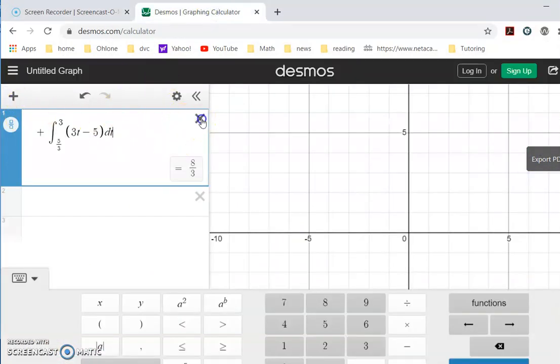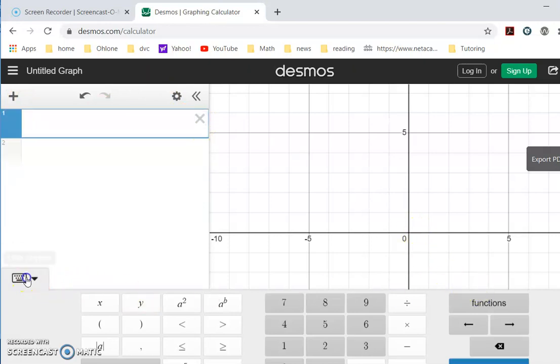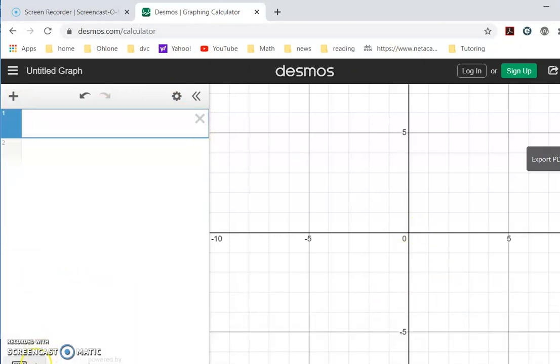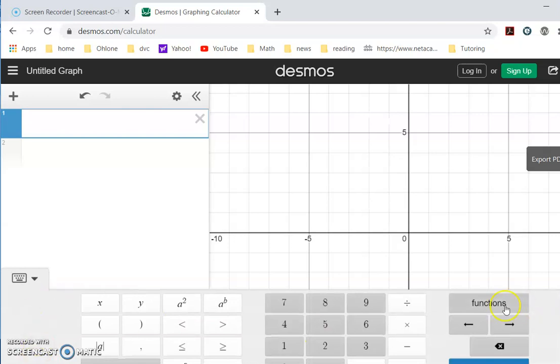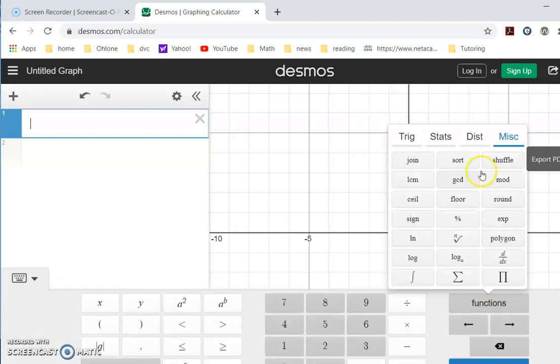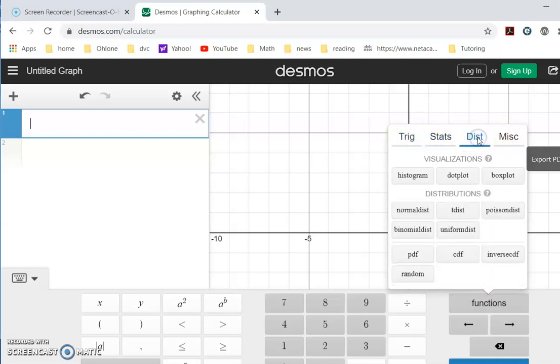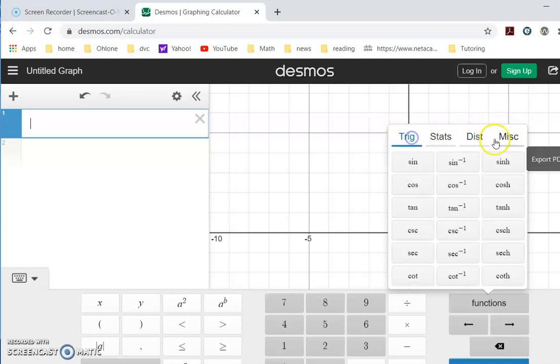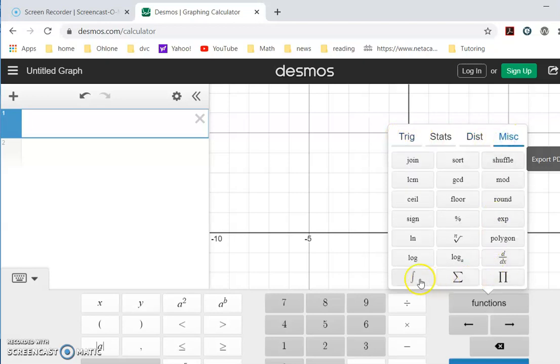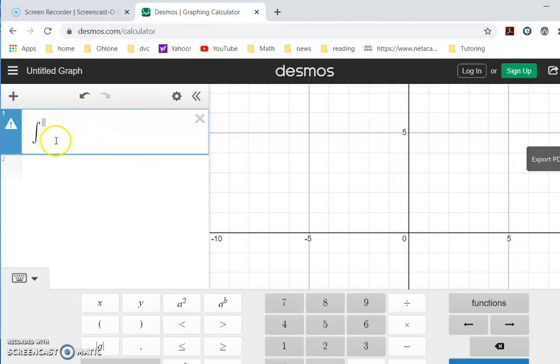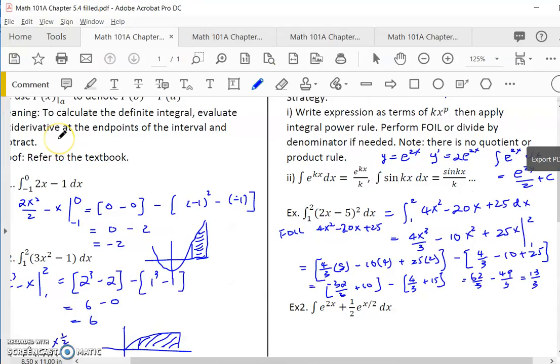Okay, so what happens is, this is the decimal, and you get the keypad and you see that there's a function under. Normally you would do track and stat, but under miscellaneous, there is an integral. So you can also use this. What was our integral?